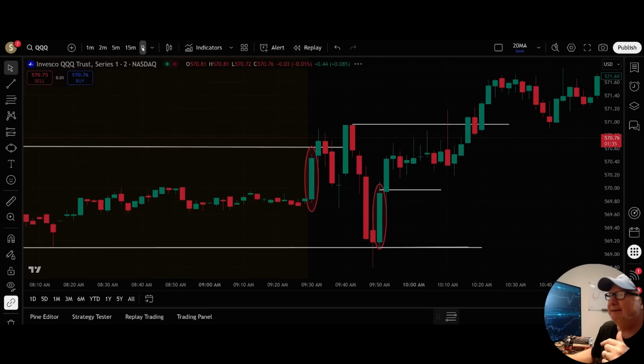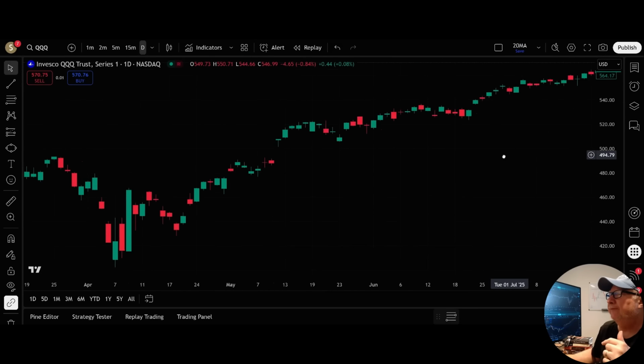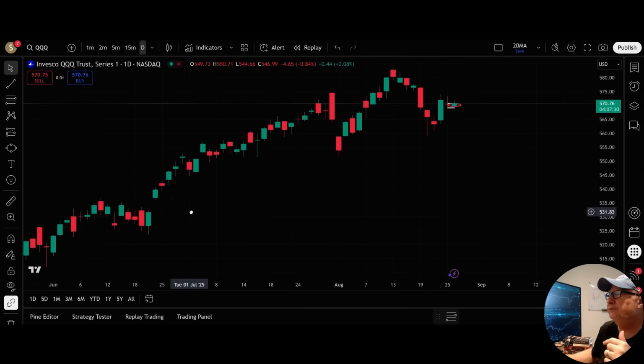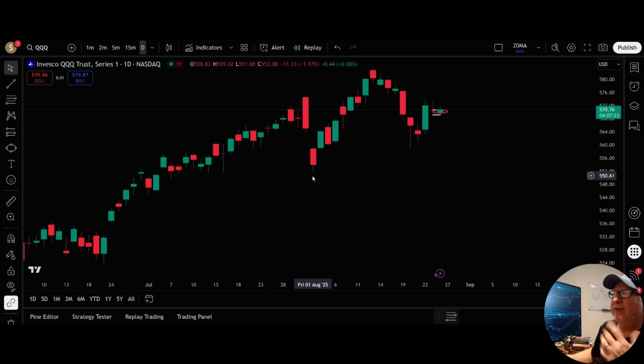On the daily chart, here I'm flipping to the daily on the Qs. Right now, we're in a retracement move. And all that means is we went up and hit a high and pulled back, right? That's our retracement.